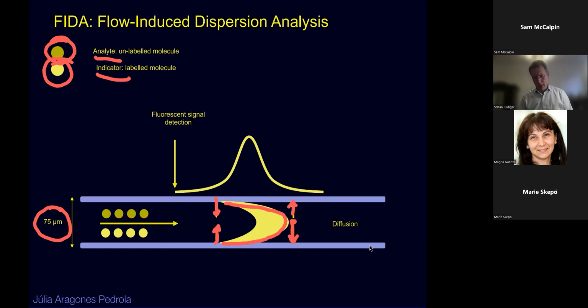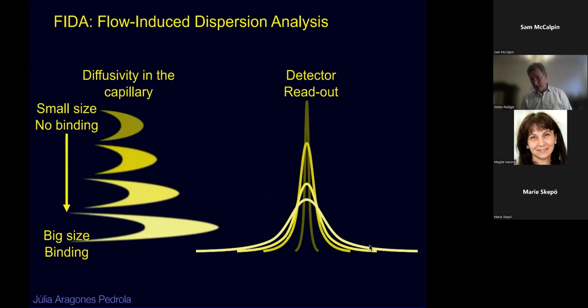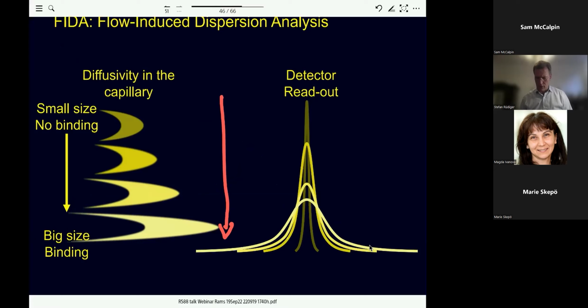If you now change the size, diffusion is size dependent. If you change the size, the parabolic profile becomes wider and wider, and this means the plot of the parabolic profile, what you see on the right, gets wider and wider.